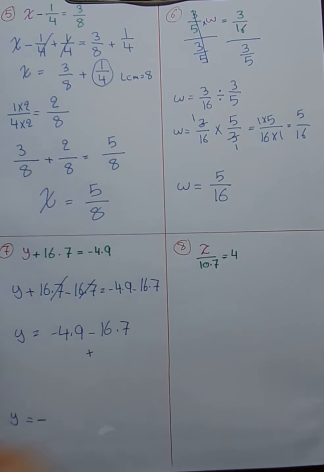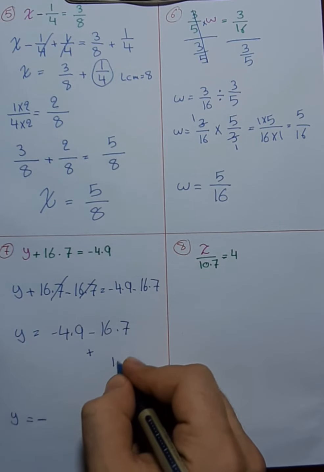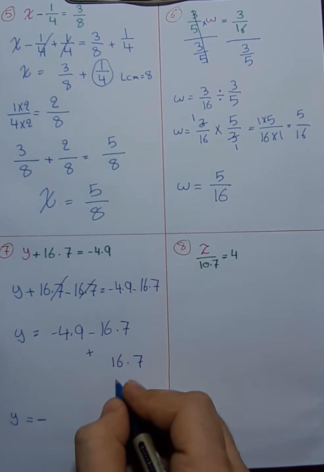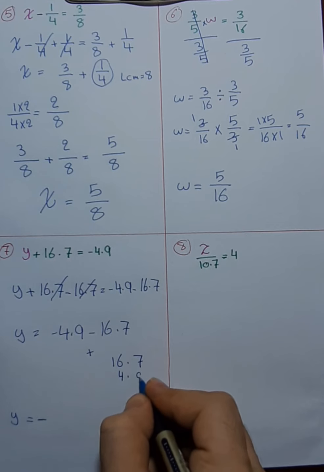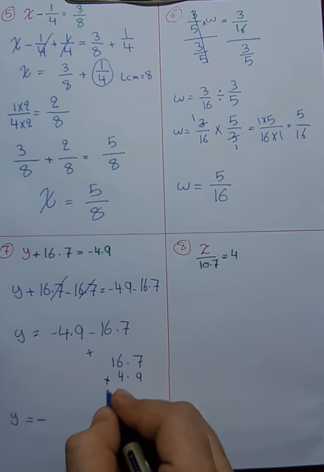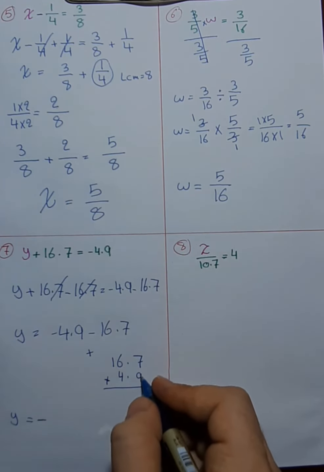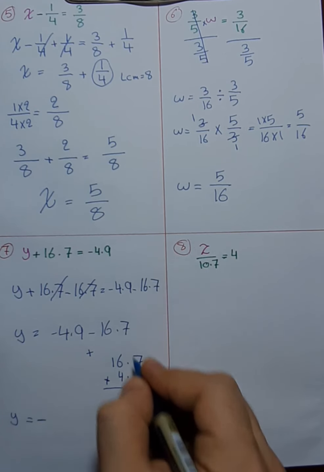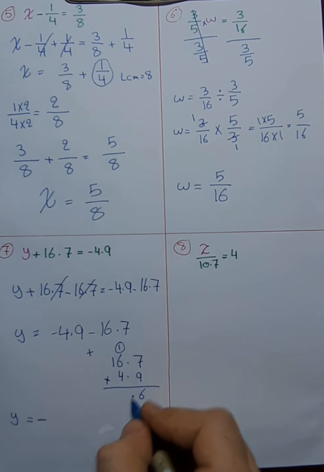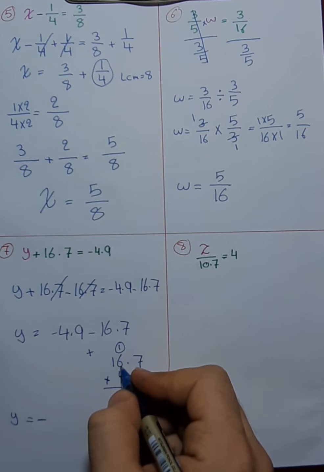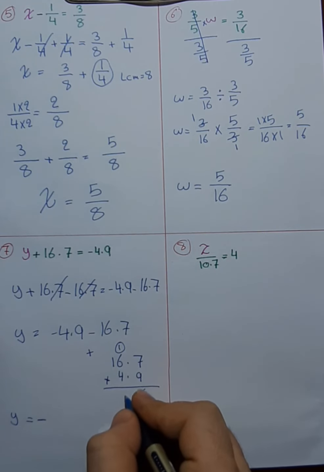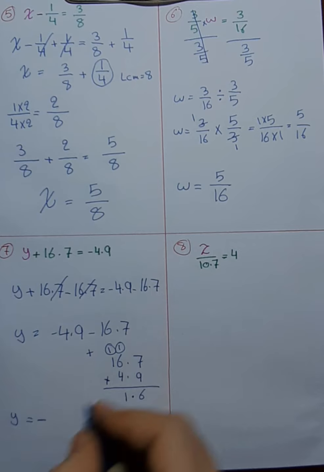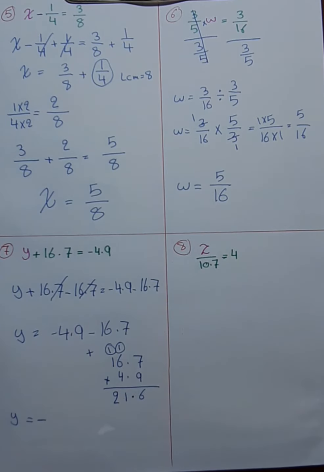We have to write negative, but we have to add these two numbers, 16.7 and 4.9. 7 plus 9 equal to 16. We have to regroup, write a small point, and 1 plus 6 equal to 7. 7 plus 4 equal to 11. We have to regroup again. 1 plus 1 equal to 2. Equal to negative 21.6. Y.